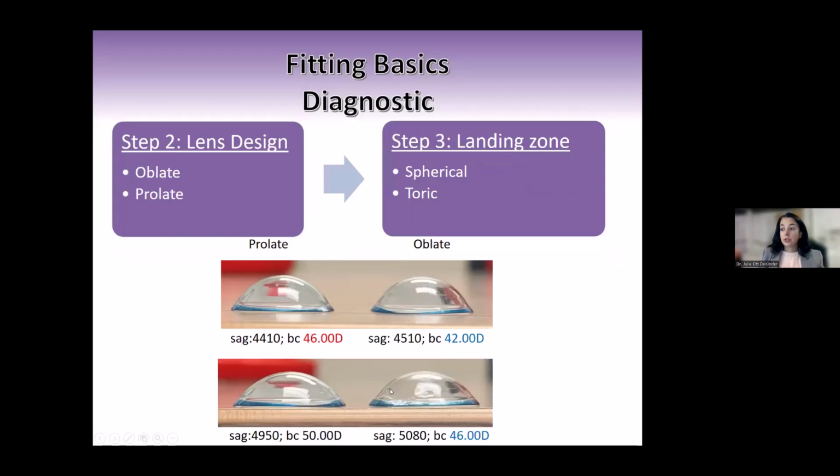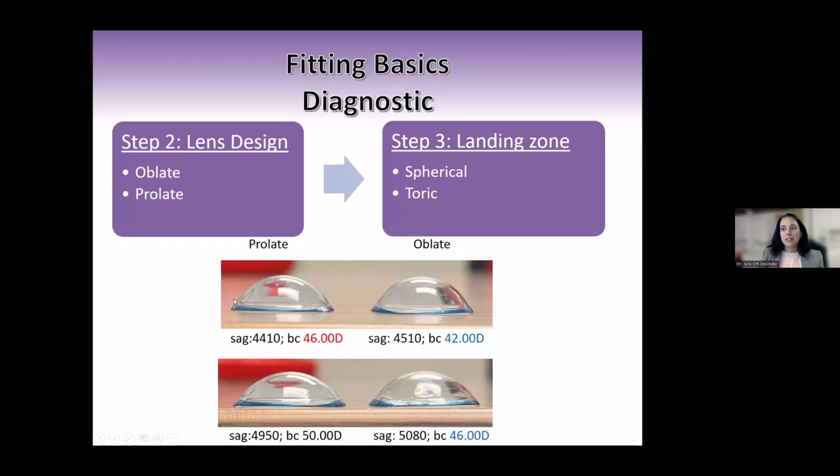Here's a couple of pictures just showing you, when you think about some of these sets that have these prolate and oblate lenses, I thought this was kind of cool. I tried to pick lenses that had very similar sagittal depths off the prolate versus the oblate side, and then took pictures of them side by side. So this is a prolate with a sagittal depth of 44 and an oblate with a sagittal depth of 45. And you can look at the base curve difference in these, right?